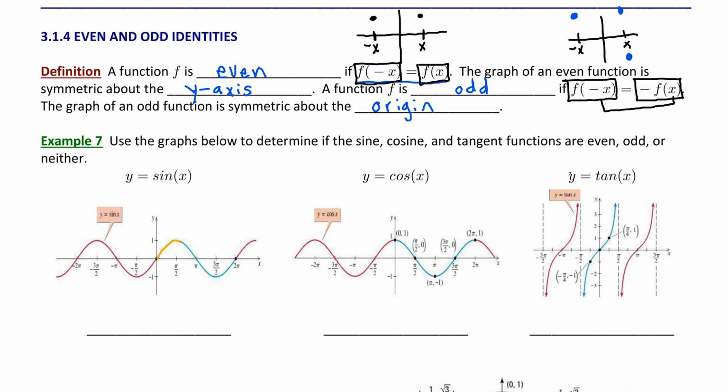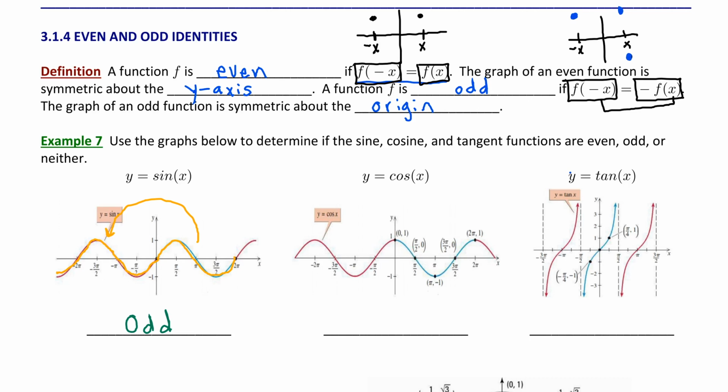However, if I take this graph here in quadrant 1 and I think about reflecting it not only about the y-axis but also about the x-axis, then I could see it would land right on top of this one. Or if I rotate this around 180 degrees, it's going to land right on top of what we have on the left side. Using the graph alone, we can make the hypothesis that sine is an odd function.